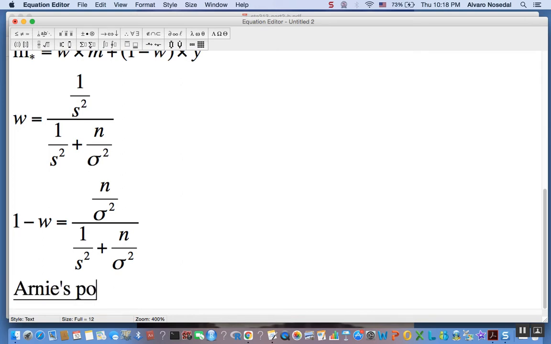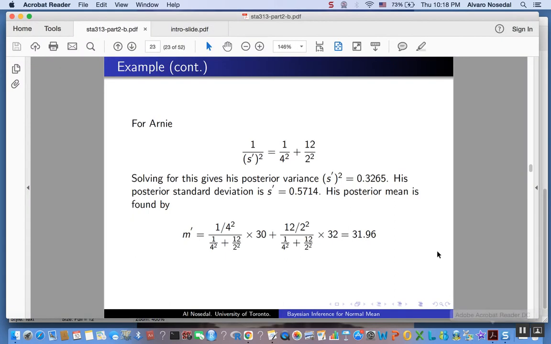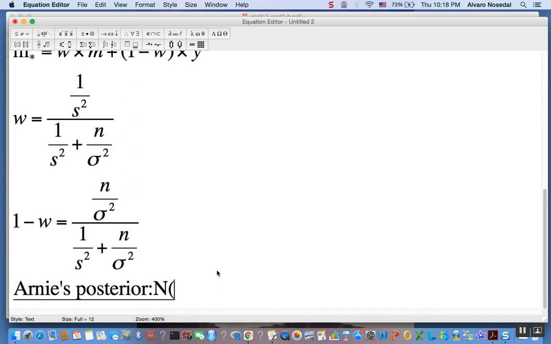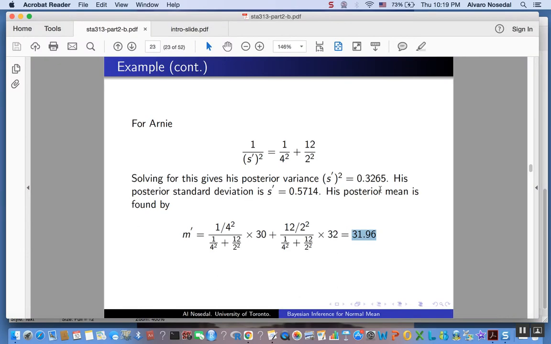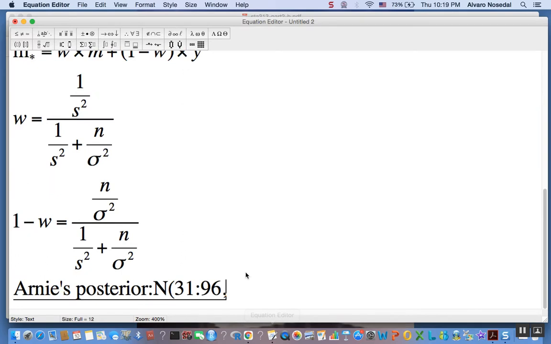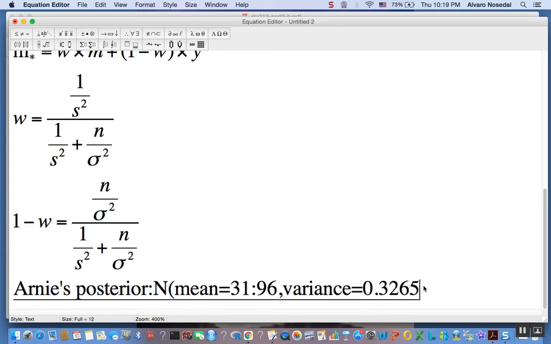Arnie's posterior, normal with mean 31.96 and variance 0.3265. And just a reminder that what we have here is mean and this is variance.